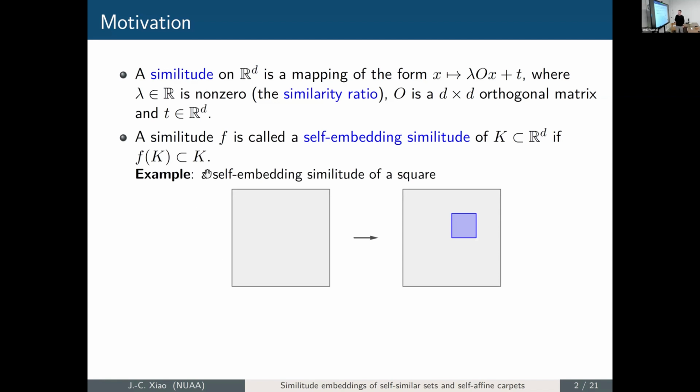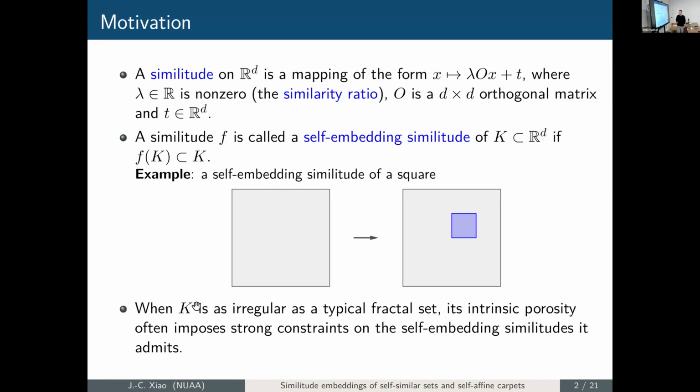So for example, this is a very particular example where K is just the unit square, and here the blue part is an illustration of a self-embedding of the square. As you can see, when K is as nice as a polygon, we cannot say too much about the self-embedding similitudes of that polygon, because the restrictions on those similitudes are very, very weak.